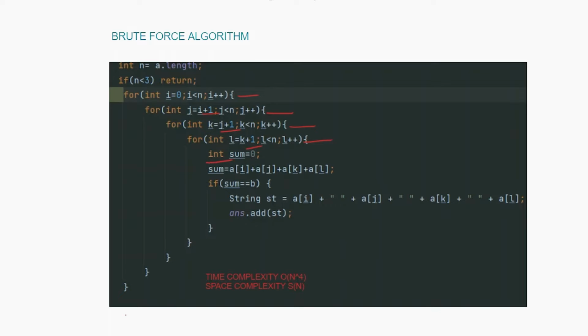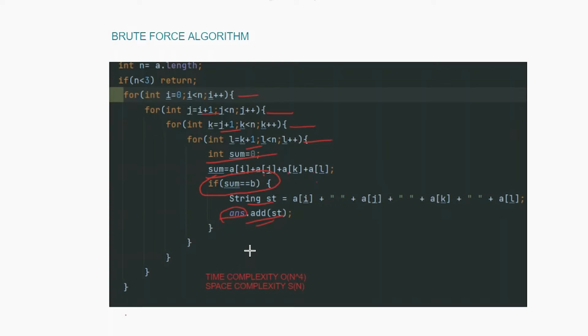Then we initialize the sum value and add all the elements a[i], a[j], a[k] and a[l], and we check the condition sum equal to b, where b means the target value. If the sum equals the target, then we add it to the set. Here answer is a set and we are adding to it. In this part we are converting the numbers to a string and adding it to this set. That's what we are doing here.